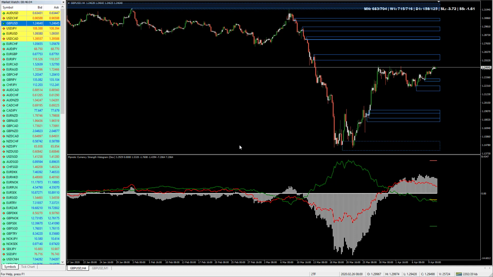A buffer, if you look at this piece of software, on this indicator window we have 1, 2, 3, 4, 5, 6, 7 buffers. A buffer is simply an array of values that we have in this window. So this contains a series of values that are the same, and then we have a buffer that contains the histogram values, and then a buffer for the American dollar, for the British pound.